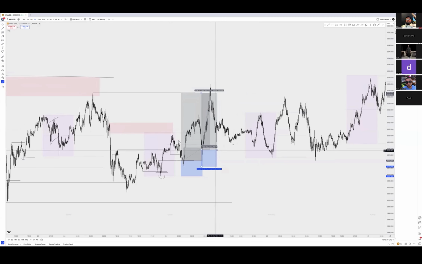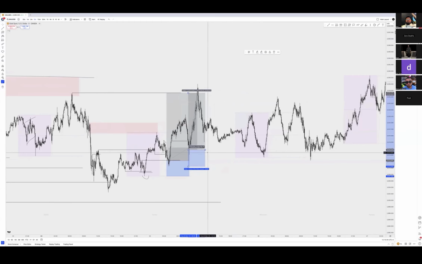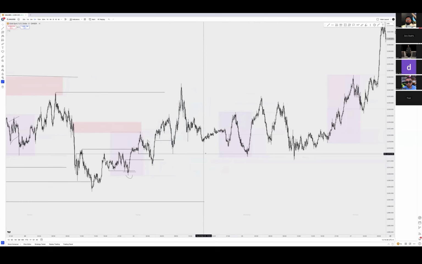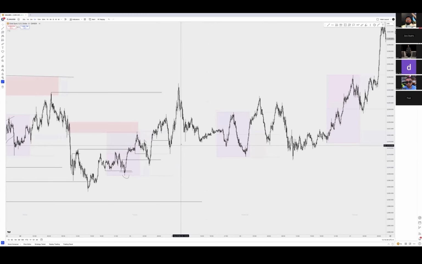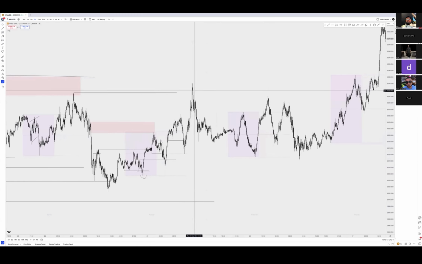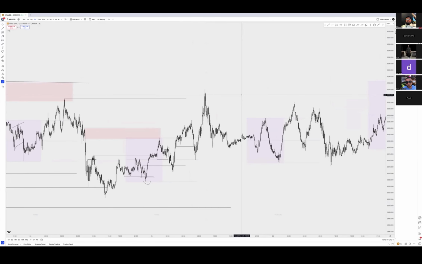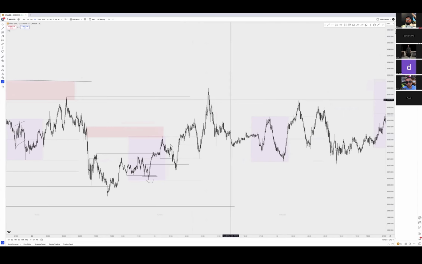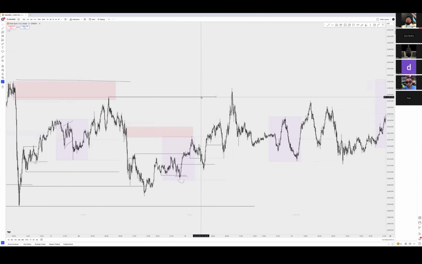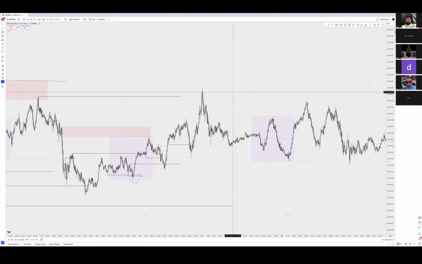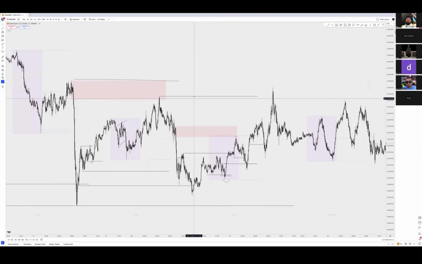But yeah, let's talk about the PA over here. Just delete all this. All right, so I believe the shorts happened during New York. Okay, so the high over here gets taken out. So honestly, any longs, now that this high gets taken out, it is the previous daily high as well.